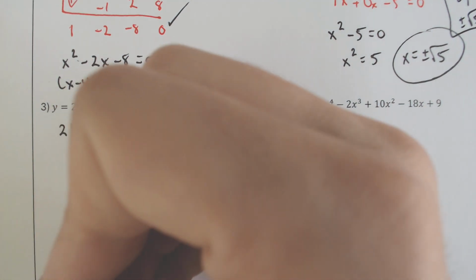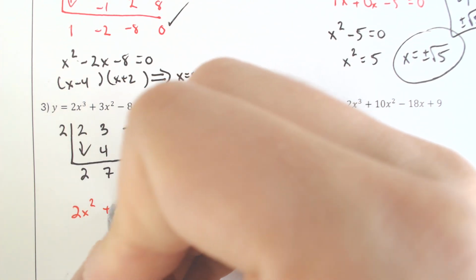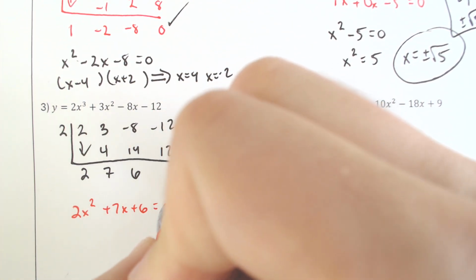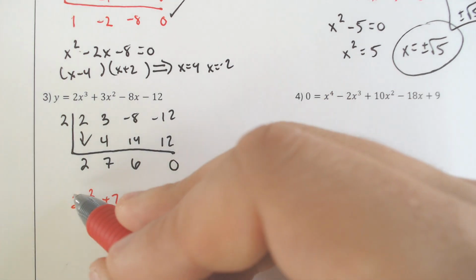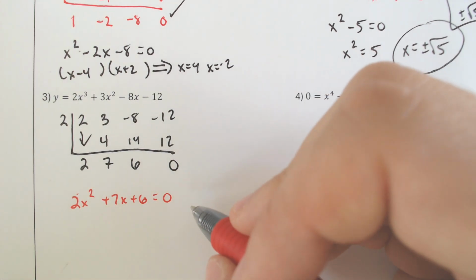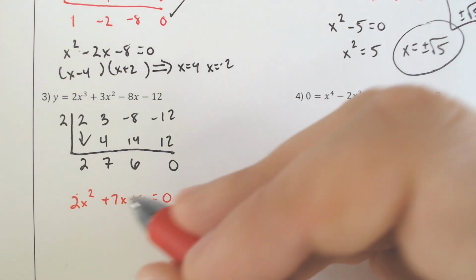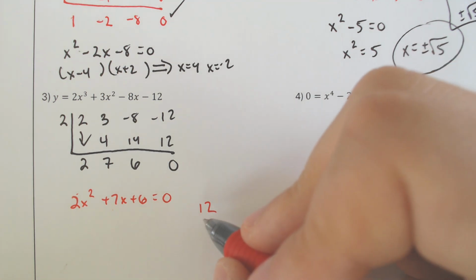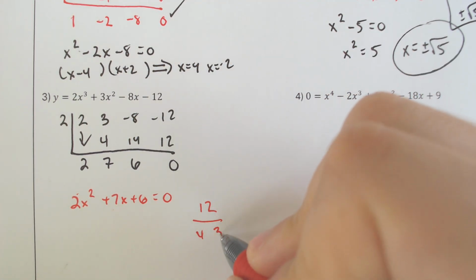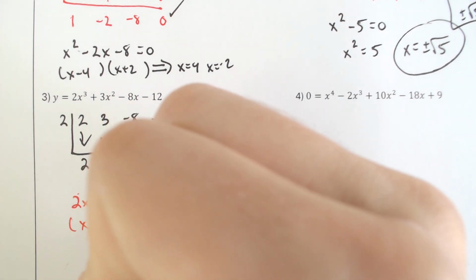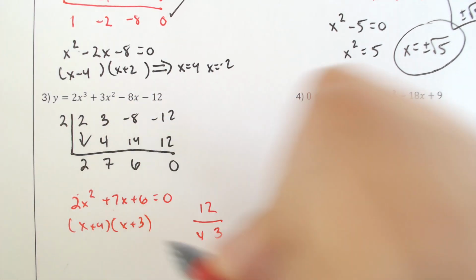Okay, so we're left with 2x squared plus 7x plus 6, which is factorable. We multiply 2 and 6 together to get 12. What multiplies to 12 but adds to 7? Well, that would be 4 and 3. So this is going to be x plus 4 and x plus 3.